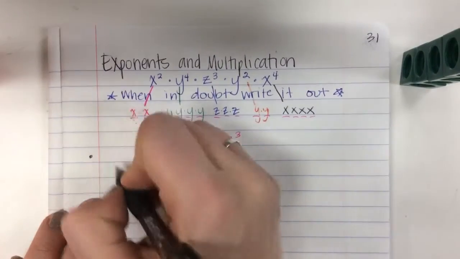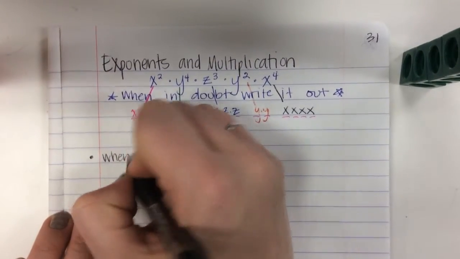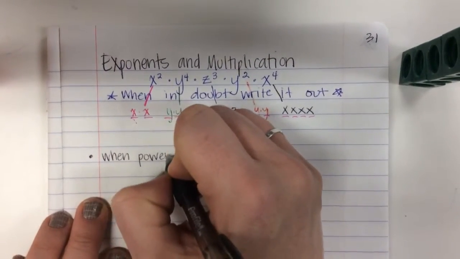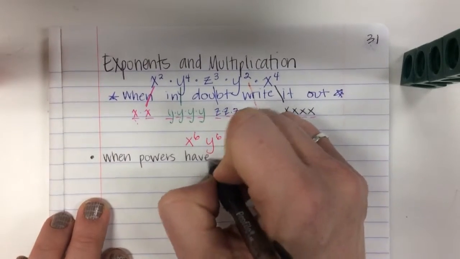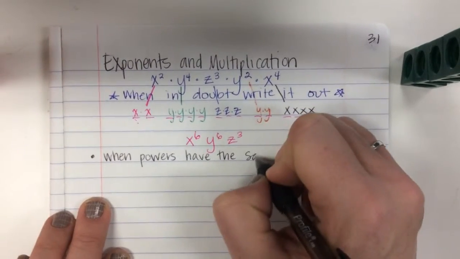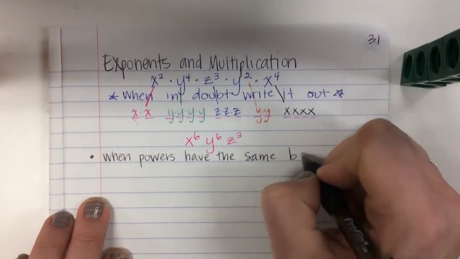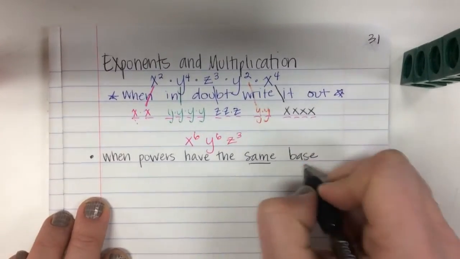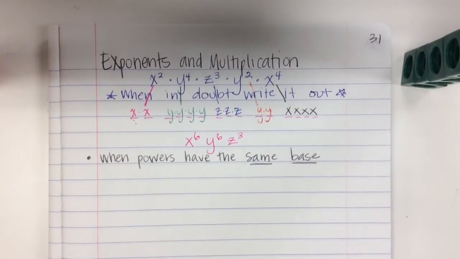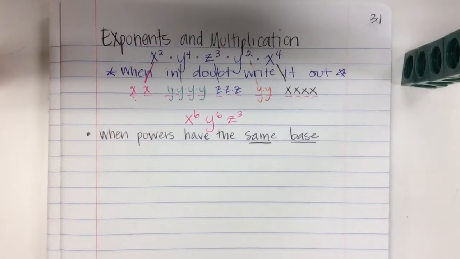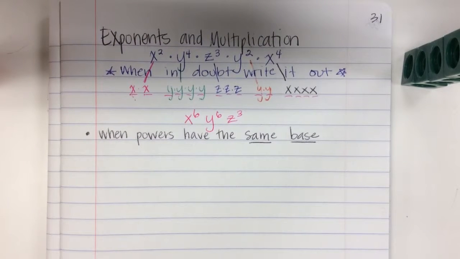So here's the rule. When powers have the same base, which one's the base? The big number, the bottom number.